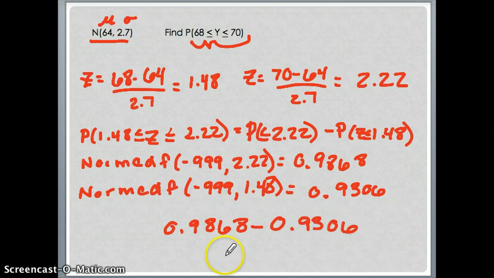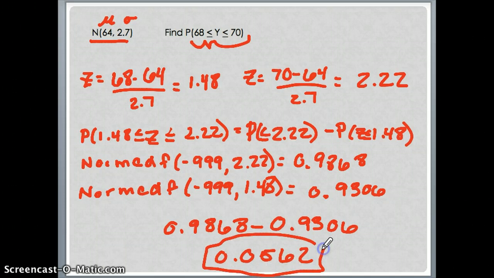And so my probability, or my area under the density curve between 68 and 70 inches, is 0.562. We'll interpret that in a second, but let's just move to the quickest way to do it, which is to pretty much just throw it all into the calculator.